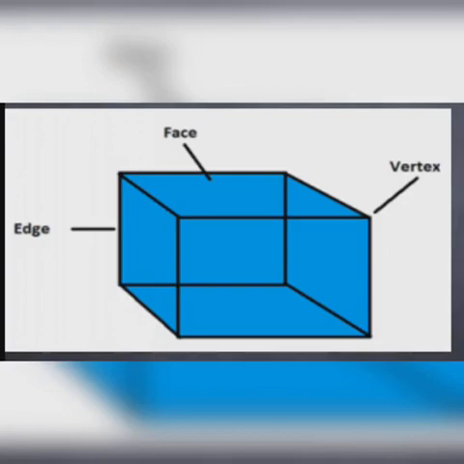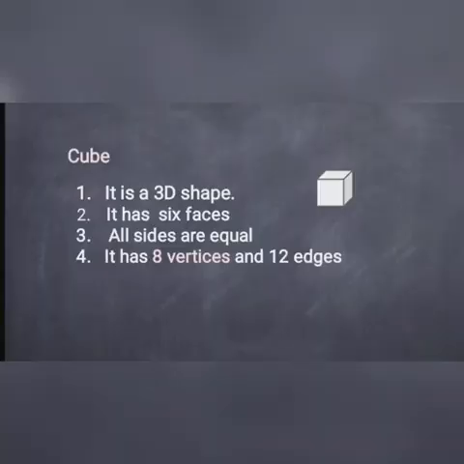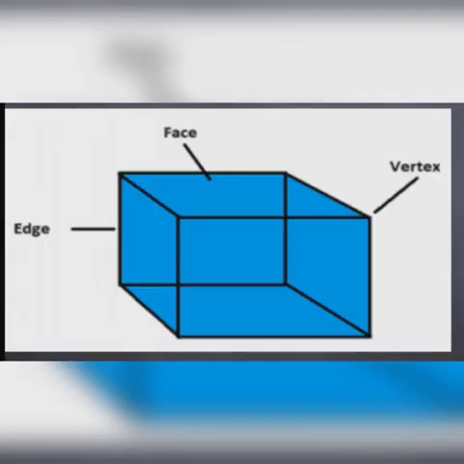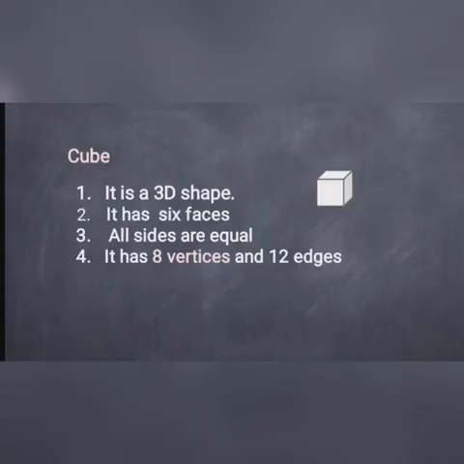What is the meaning of faces? This is a face. Totally 1, 2, 3, 4, 5 and 6, so 6 faces are there. All sides of the cube are equal.